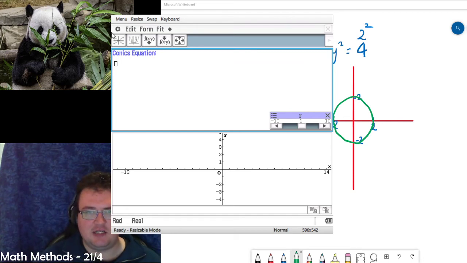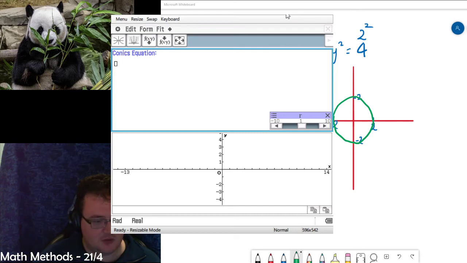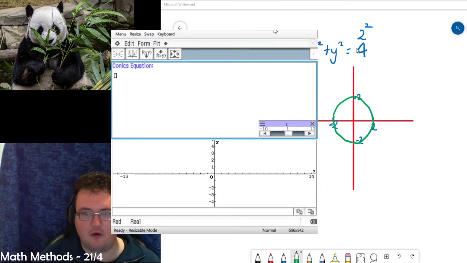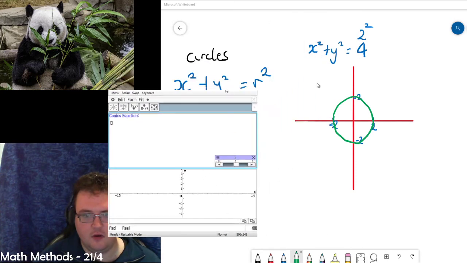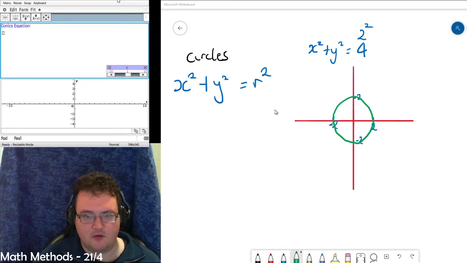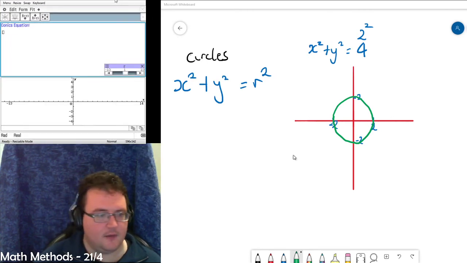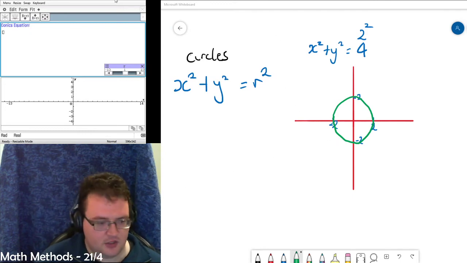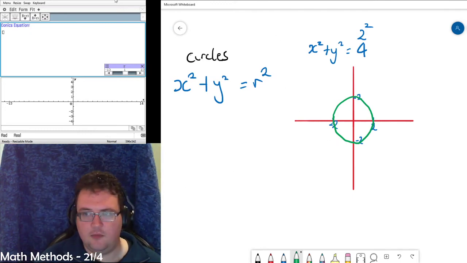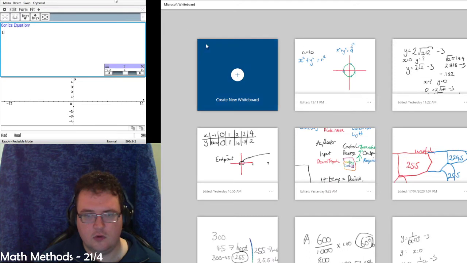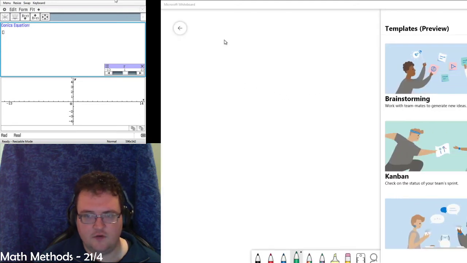But we still need to be able to use a calculator or whatever to help us draw these things. So to do that, we're probably going to need to actually manipulate our equation. So I'm going to move this back over the side there and hide the panda. And I'm going to get my whiteboard out and give myself a new blank page to work with.